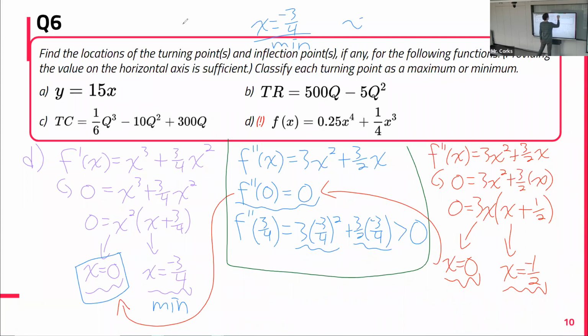And then next we have x equals negative 1/2 as an inflection point. And then we have x equals 0 as a sort of special inflection point. Okay, so then I'm going to have to erase the rest of this.